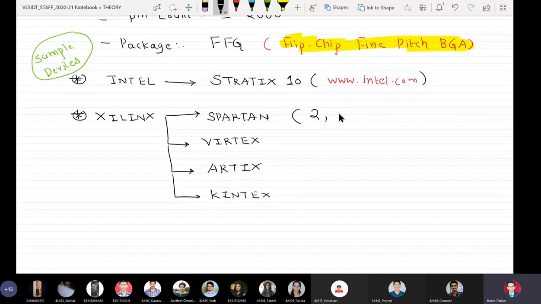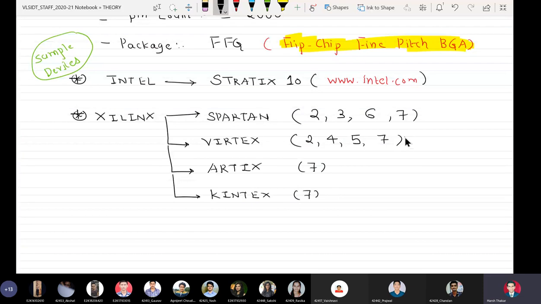So Spartan 2, Spartan 3, Spartan 6, and they have launched maybe Spartan 7 also now. Vertex 2, Vertex 4, Vertex 5, Vertex 7. Artix only 7, only 7.